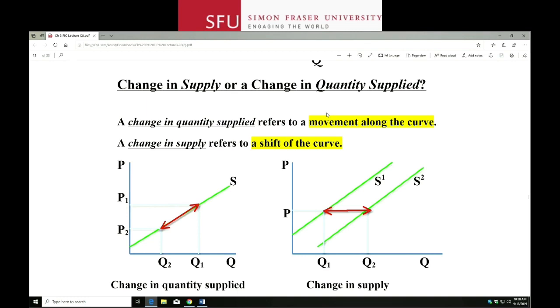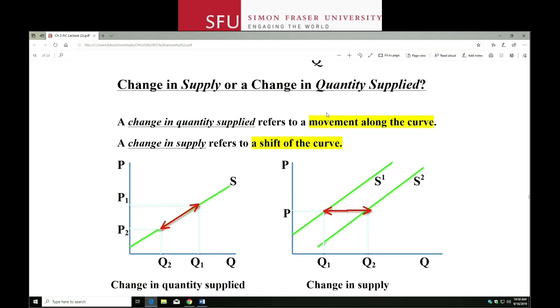All right, so movement along the curve or a shift of the curve. The reason for them, this is just a price change, right? The only thing that's going on here is that the price has changed, and that is changing the quantity the seller wants to sell. If it's a change in supply, that means that something else has changed, and we can't tell what it is from the graph.